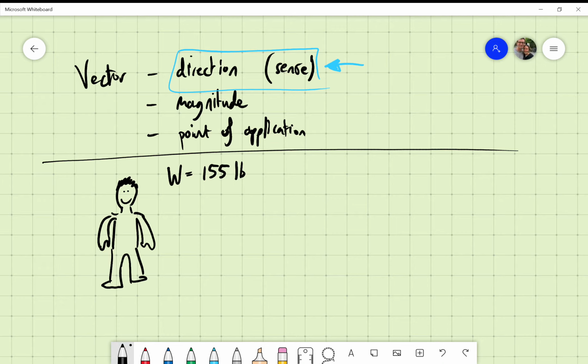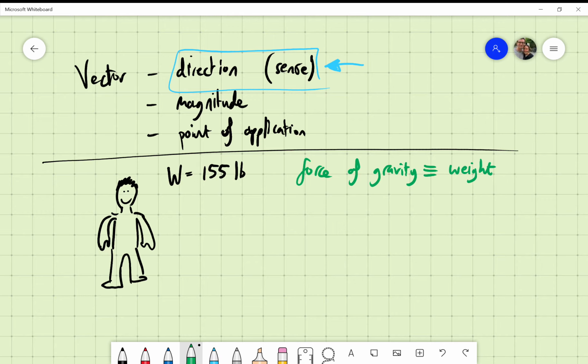So why does weight have a direction? Well, because it is actually a force. Weight is a force. This is not your mass. This is not the inherent property of how much atomic stuff there is. This is a force, and it's the force of gravity. Okay? And the force of gravity is what we call weight. Like that is the same thing as weight.